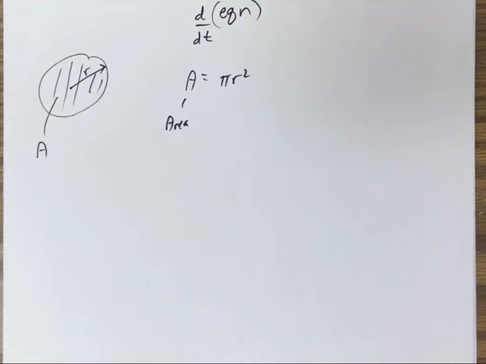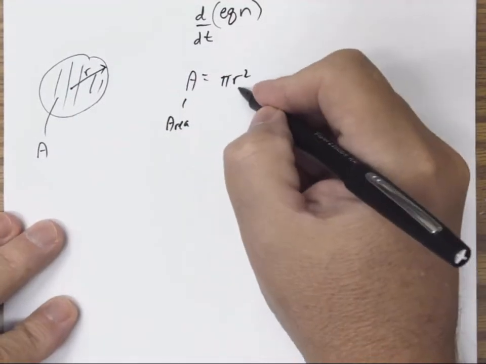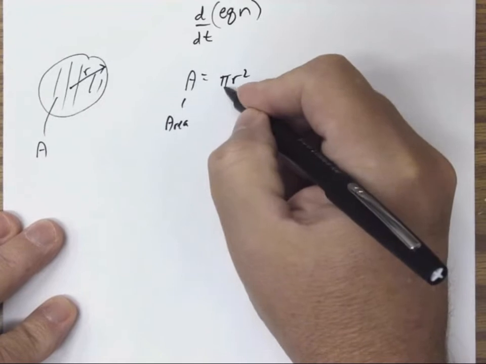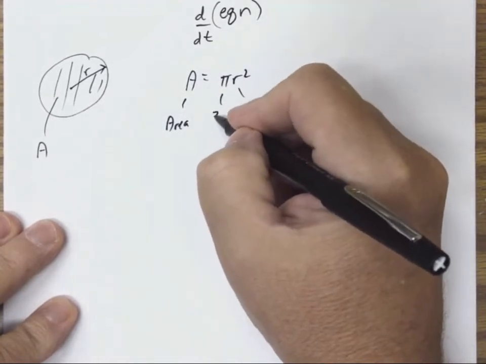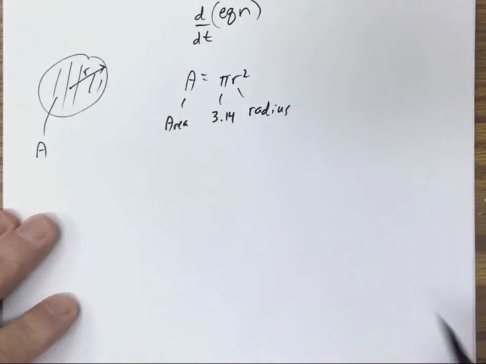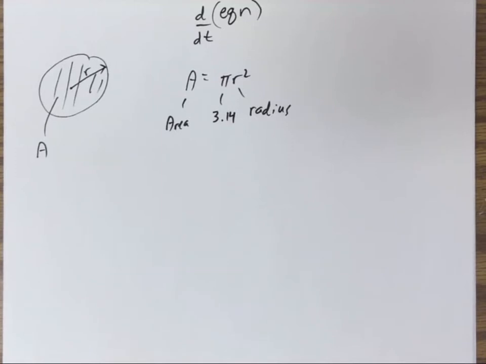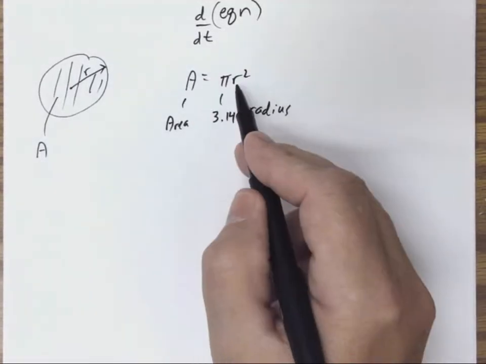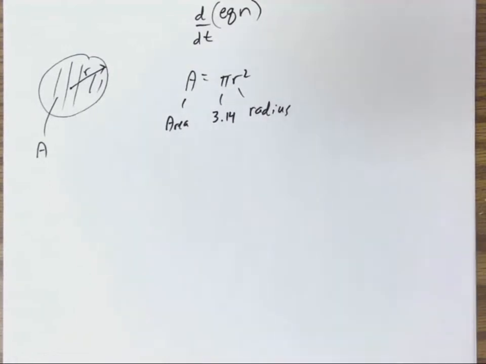The area is how much room that bottom of the ice cap takes up. So R is radius. Pi is a number, right? Approximately 3.14. So in a sense, you have two variables. We have A, the area, R, the radius, then this pi is just a number.